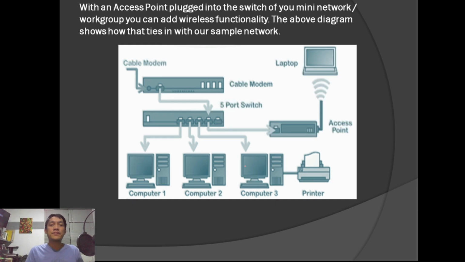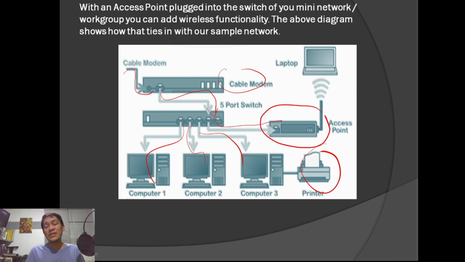So, with this setup, the cable modem or router or the telecom router, you have the 5-port switch, connect it to the computer, you have the shared resources here, so you can add an access point. So, basically, add the access point to your switch, then the laptop connects to the access point. Okay, so you're going to do another activity using wireless access points for your network design in Cisco Packet Tracer.